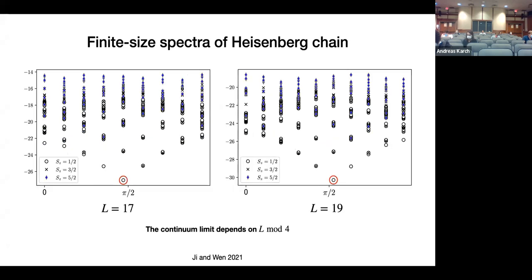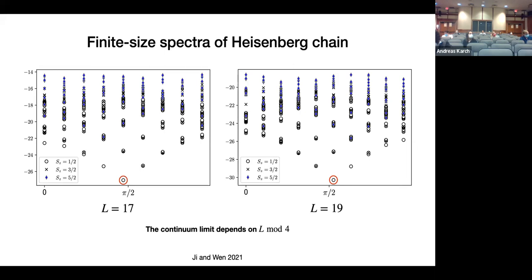We can also put the system on a chain with odd size. Here I only plot from 0 to pi. And you see that now the ground states are close to pi over 2. But again, there's this mod 4 dependence on whether it's to the left of pi over 2 or just to the right of pi over 2. So from these finite size spectra, what we can see is that the continuum limit seems to strongly depend on L mod 4.